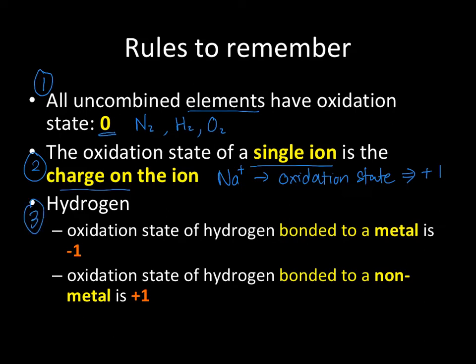Hydrogen, depending on which type of element it is bonded to, has a different oxidation state. When it is bonded to a metal, hydrogen will have an oxidation state of -1. But when it is bonded to a non-metal, its oxidation state will be +1.